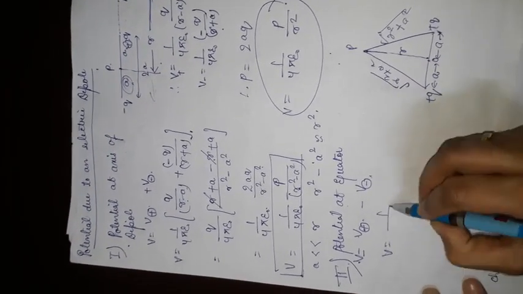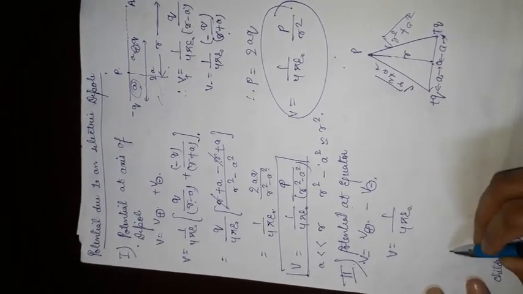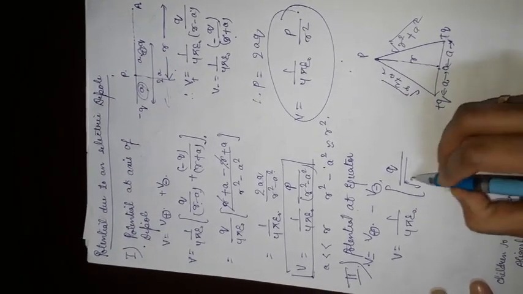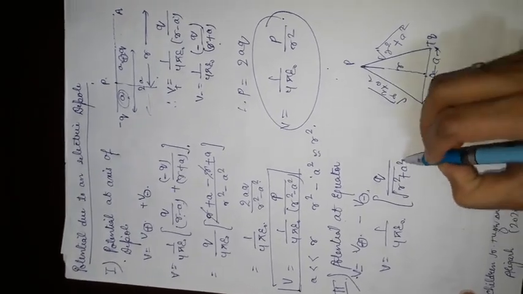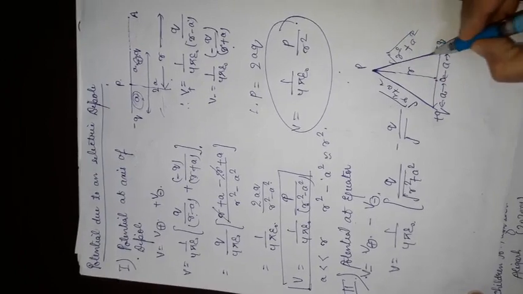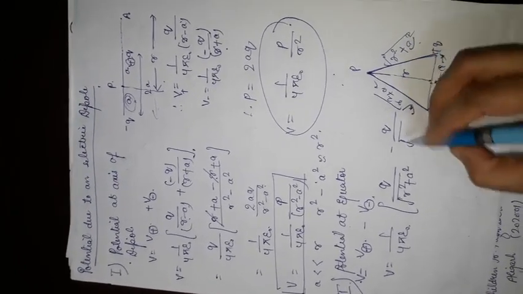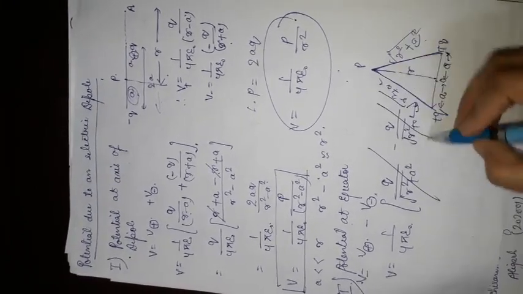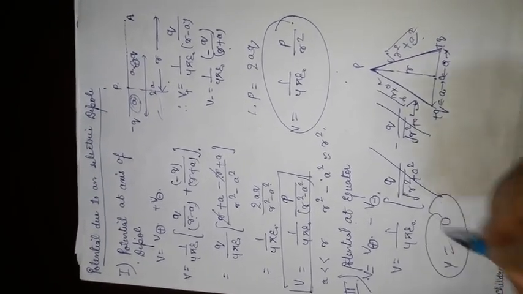So V will be 1 over 4 pi epsilon naught Q over root of R square plus A square minus Q over root of R square plus A square. The distance is the same for plus Q and minus Q, so they will cancel out each other, and the potential will be 0.